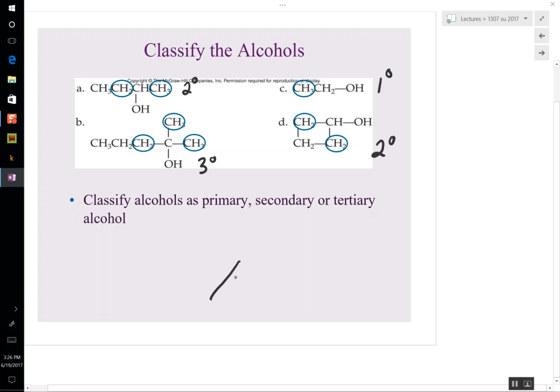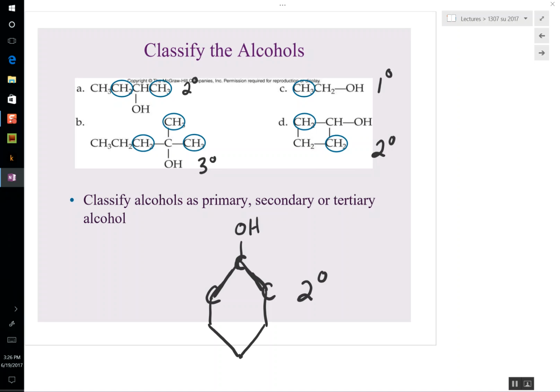Okay, so if we had cyclohexanol, there's your carbon with your OH. What kind of alcohol is that? Secondary. There's a carbon here, and there's a carbon here.